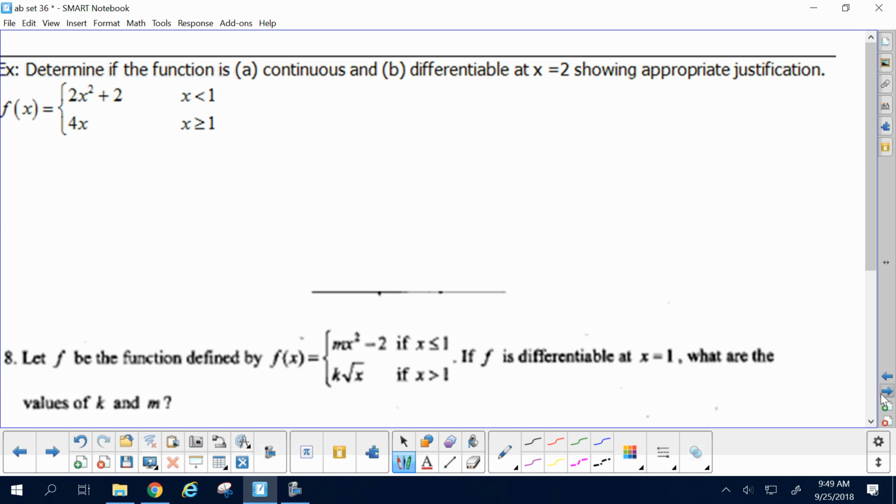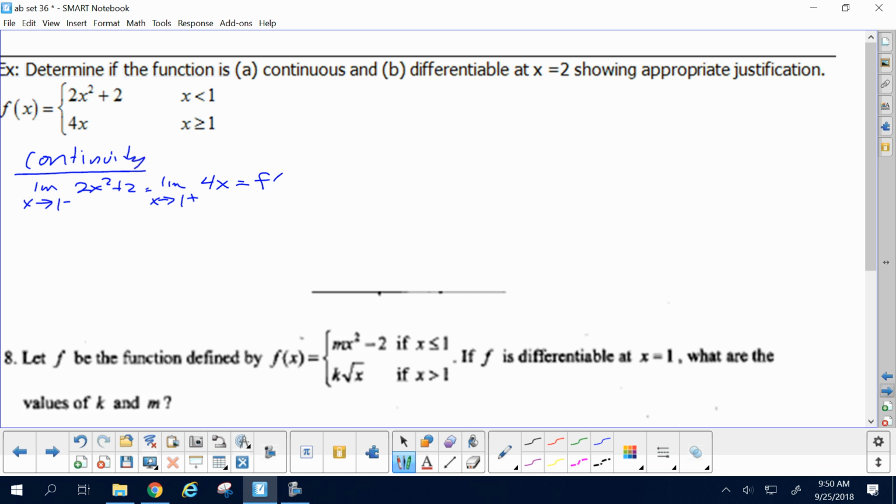Now, if you were to, first of all, do continuity, then continuity would mean the limit as x approaches 1 from the left needs to equal the limit as x approaches 1 from the right, which needs to equal the point. When you approach from the left, which part of the function do you use? The top one, 2x squared plus 2. When you approach 1 from above, which function do you use? Bottom.